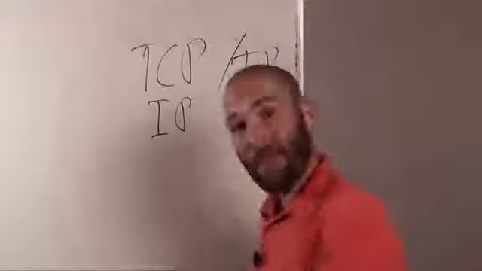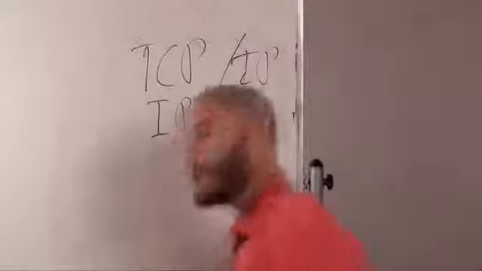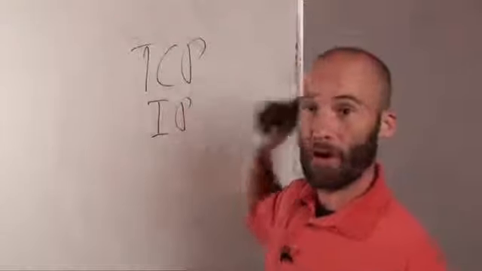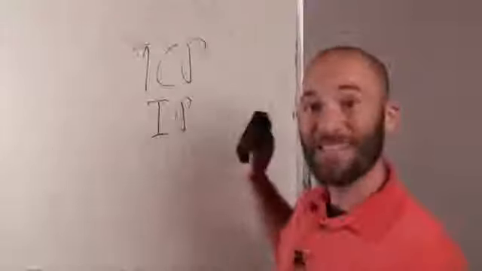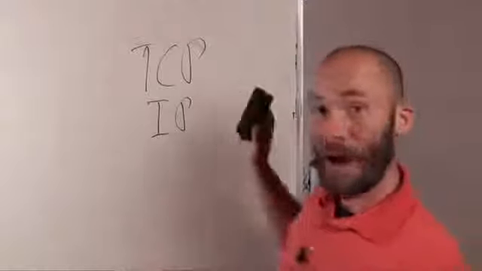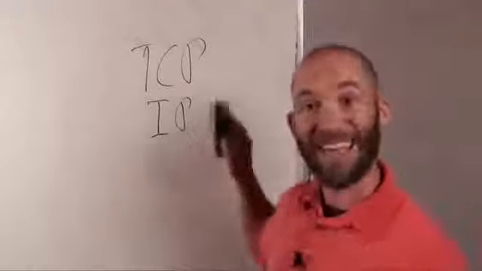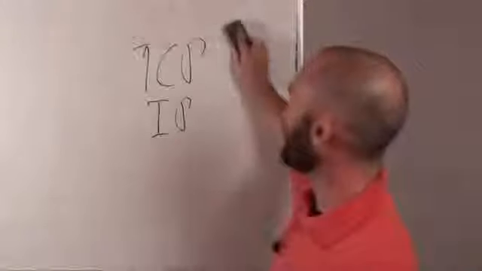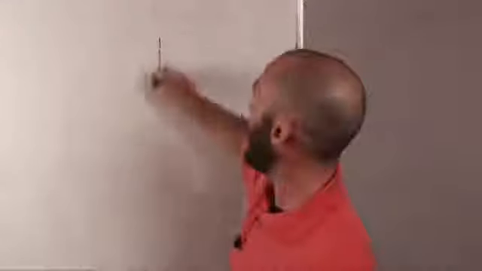The main protocols in TCP/IP, though, are TCP, which is Transmission Control Protocol, and IP, which is Internet Protocol. Now, these are the main protocols, and they do two very important functions. The first protocol that we should talk about is IP.